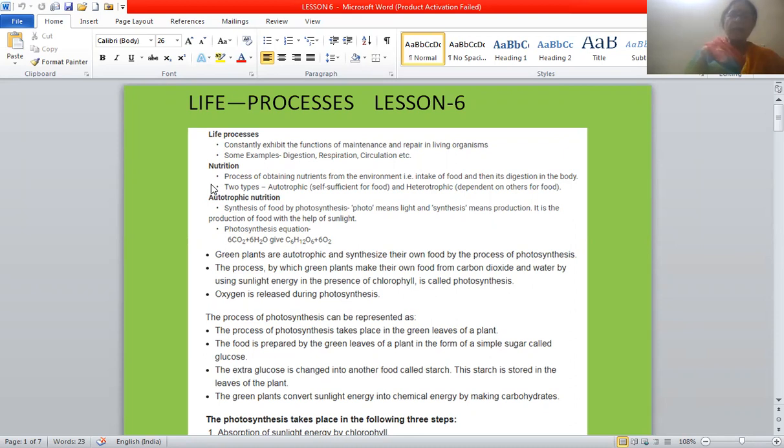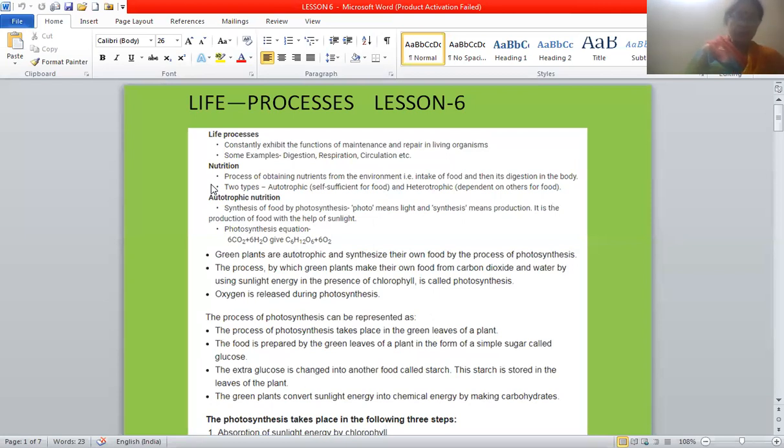We can say it is procuring food for obtaining energy, bodybuilding and repair of body parts, as well as release of energy in a carbon-based oxidation reduction process.